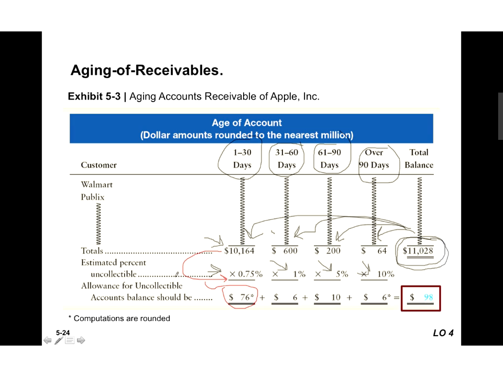We're not going to be calculating an aging schedule because, while it's fun to do if you're into numbers, for our purposes what we're going to see is the result of adding all these buckets up, and we're going to be given $98. When they say here's the 98, they're not saying this is our uncollectible account expense.